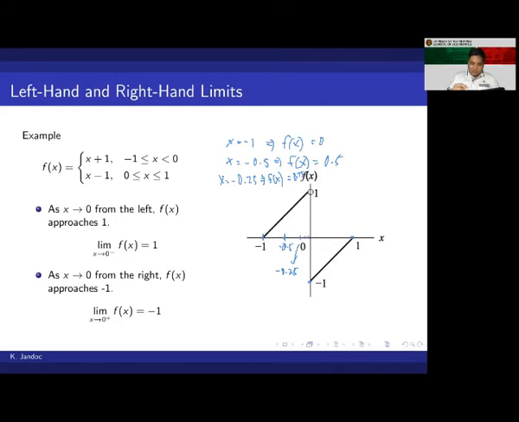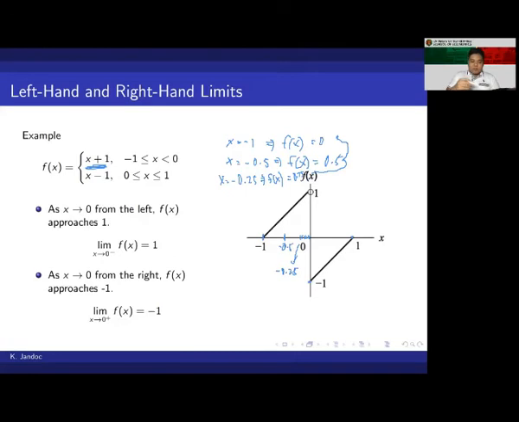What do you notice? This value of the function, which started from 0, then became 0.5, then became 0.75. As you go closer and closer to 0, this part of the function approaches 1. Okay, but it's not defined at 0, so it just approaches 1.